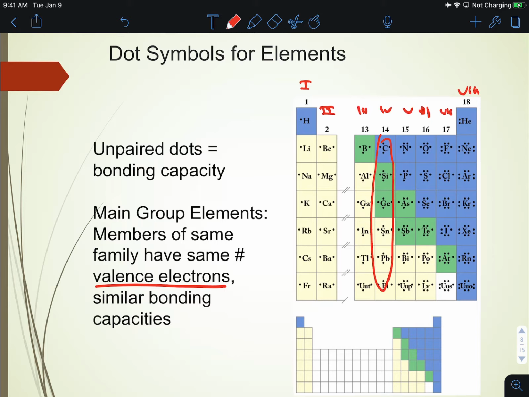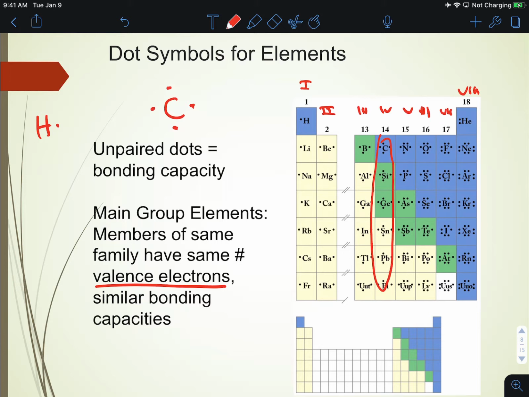Okay? And the unpaired dots tell you the bonding capacity. So this is why carbon is, if you will, the building block of biological materials, because it has the ability to be a great central atom and form 4 bonds. So it can combine with a lot of things. Something like hydrogen is not going to be very good as a structural atom because it can only form 1 bond.